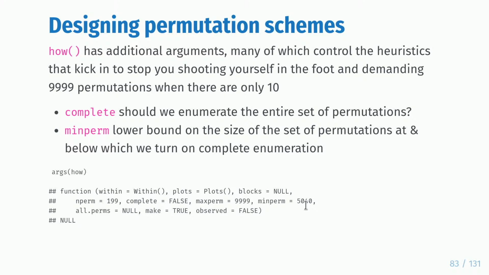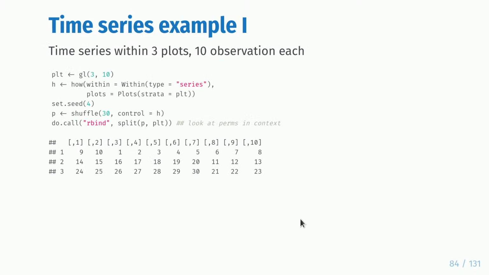So there's obviously a bit of a trade-off here between doing the exact test and doing random permutations. And this is the point where we've decided it makes sense to do a complete enumeration. If you have more than 5,000 possible permutations, then maybe it's better to do the full randomization. Okay. So let's have a couple of examples and then I'll do PERMANOVA and then we'll finish, okay?